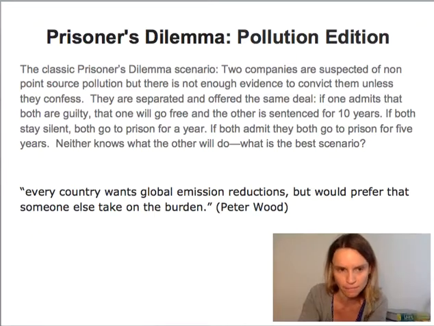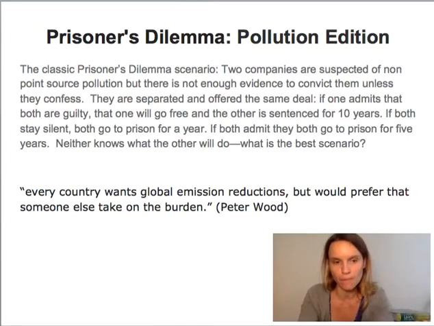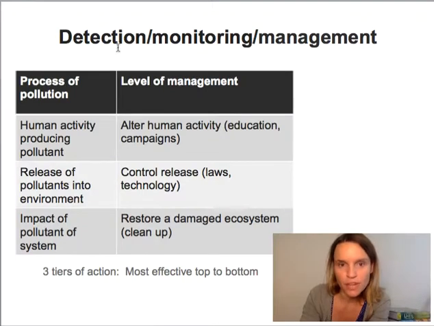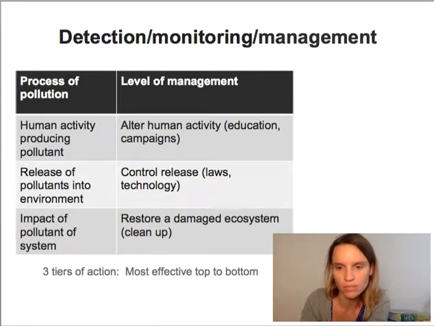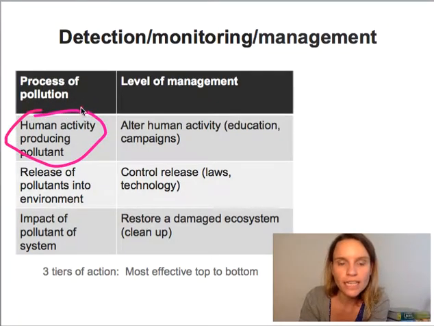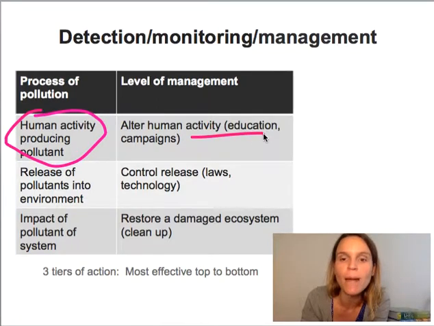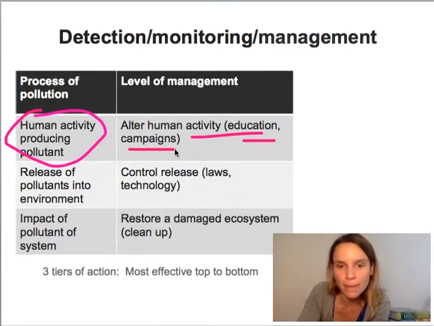When you do try to manage the problem of pollution, there are 3 tiers of activity that you can exist in. The first is trying to take account for the human activity producing the pollutant. So you're trying to change people's minds about whether or not they should be polluting through education and campaigns about awareness of what pollutants do.